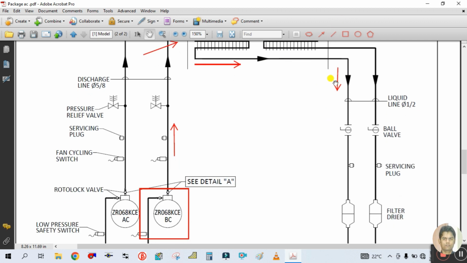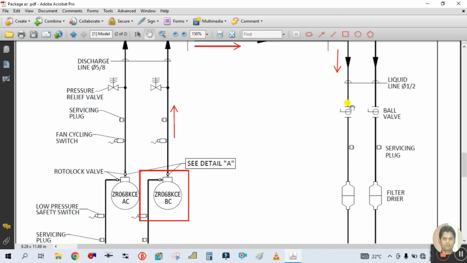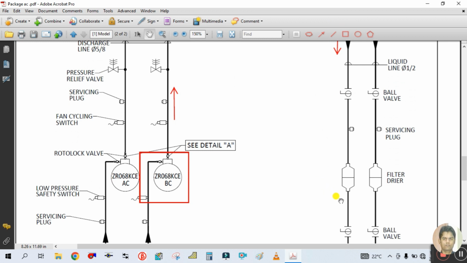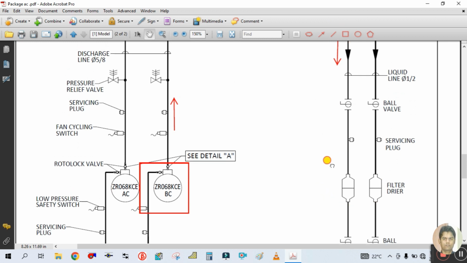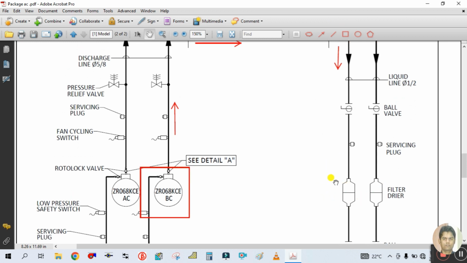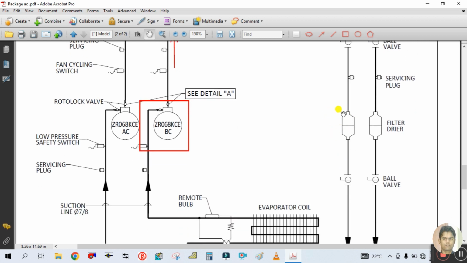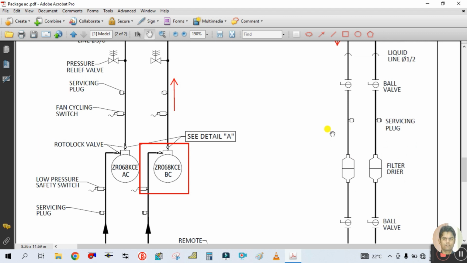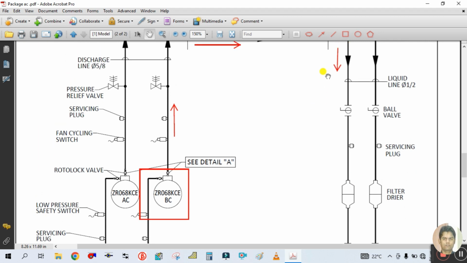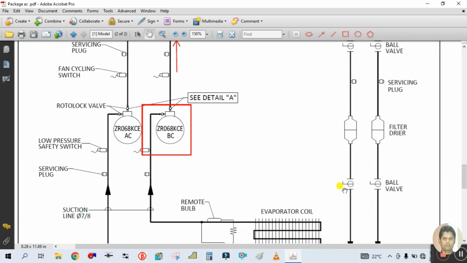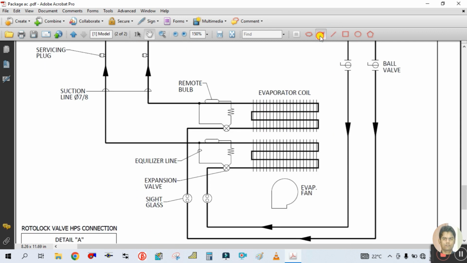It will pass through this filter dryer and release its moisture there. So this is the filter dryer. The filter dryer is used to remove the moisture from this refrigerant.